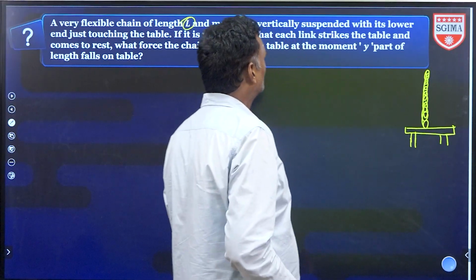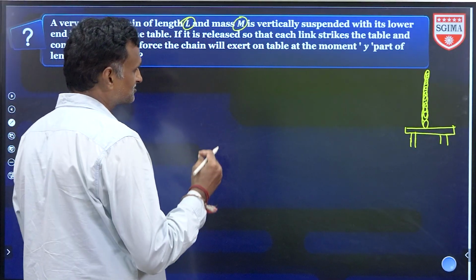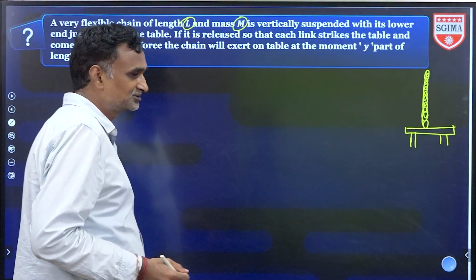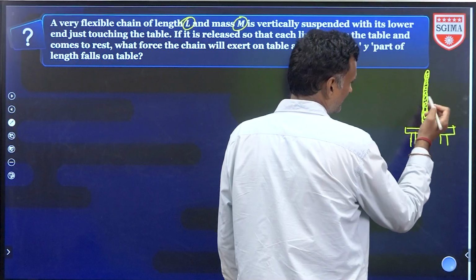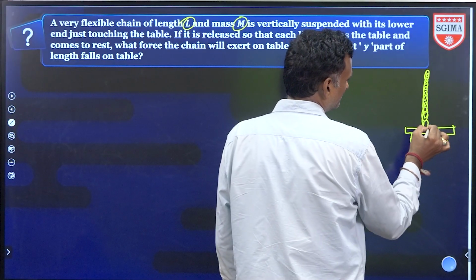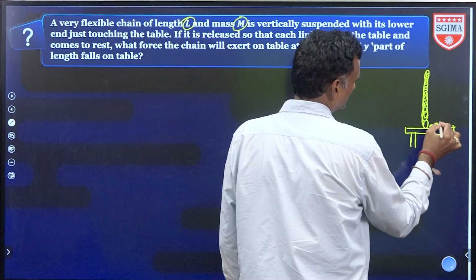And if it is released so that each link strikes the table and comes to rest. Like these are the links here, 1, 2, 3, links are there. When we release, the link touches the table and comes to rest on the table here.